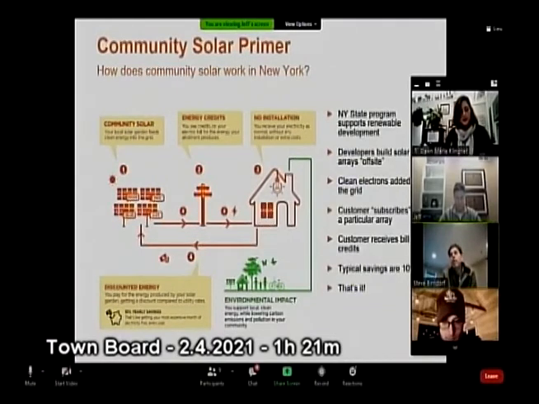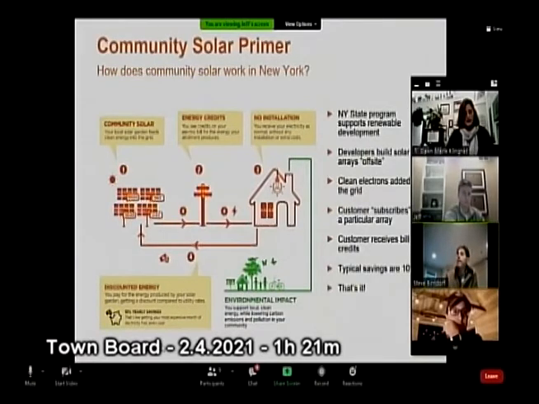It dovetails with the legislation and regulation enacted by the state to achieve very aggressive RPS, Renewable Portfolio Standard goals, which mandates carbon-free energy and promotes the development of renewable assets like solar, wind, hydro, etc. And so the good news there for you all is that it is a well-regulated, well-run program.